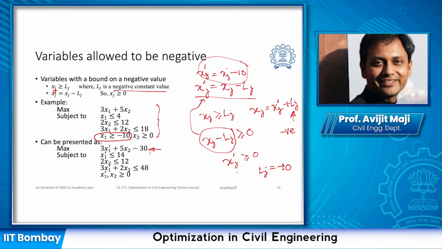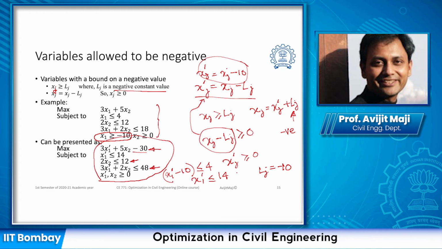So negative 10 times 3, negative 30, is coming here. In the second constraint, which is less than or equal to 4, x1 is equal to x1 dash minus 10, so x1 dash minus 10 is less than or equal to 4, so x1 dash is less than or equal to 14. In the same way, there is no x1 in this case, so it remains as is. Here again, once we replace, the 18 becomes 48, and we have this problem.